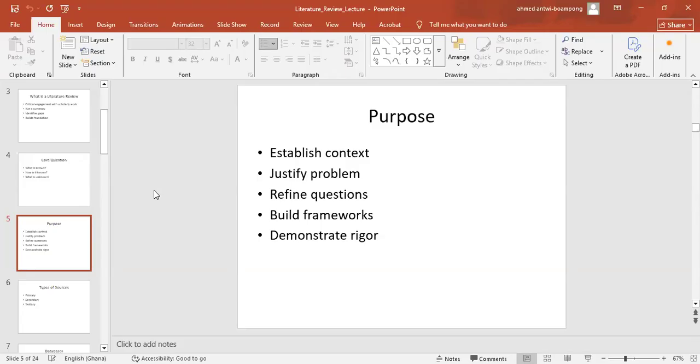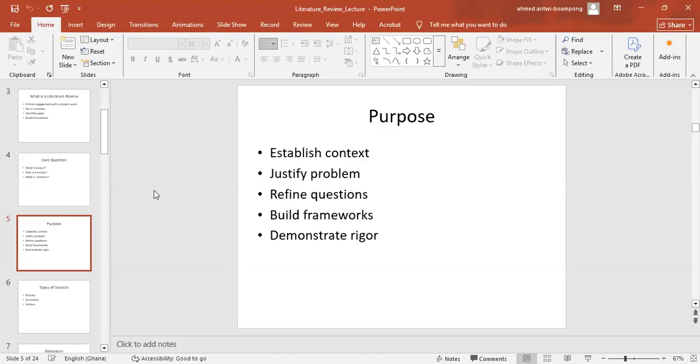It shows that you have gone deep into the body of knowledge within that area, and so the academic credibility of the output is enhanced. Is that okay? So that when someone reads your work, they will say, yes, the researcher knows the field. Okay. So your literature review is not just a chapter. It is your academic, if you like, identity.